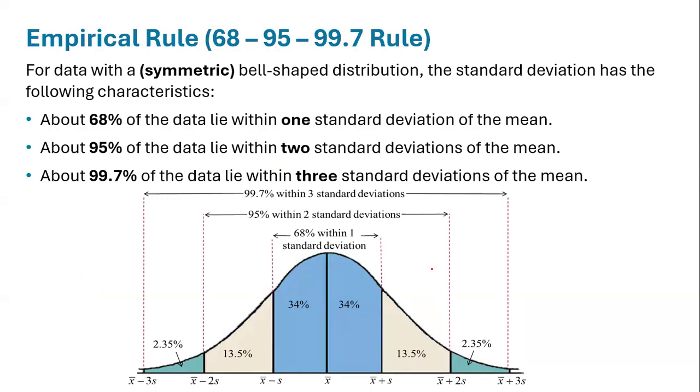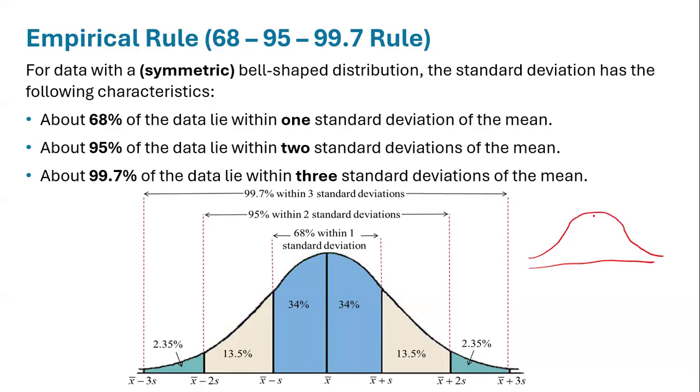In any normal distribution, when we have a symmetric bell-shaped curve, we can apply the empirical rule. The empirical rule, also called the 68, 95, 99.7 rule, only applies when we have a normal distribution, that is, a bell curve.